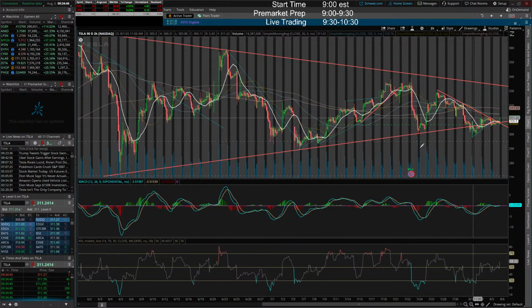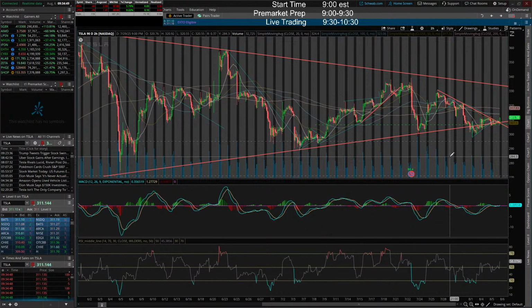Tesla holding up really nice in the wedge again. So all my swings are up right now.